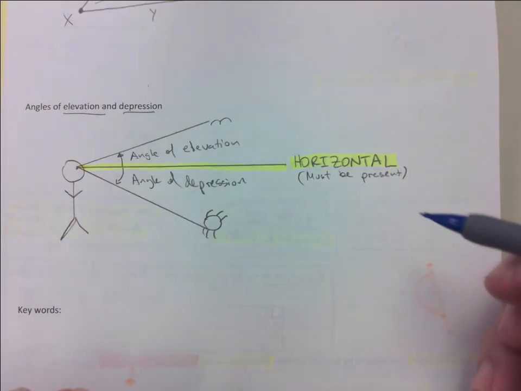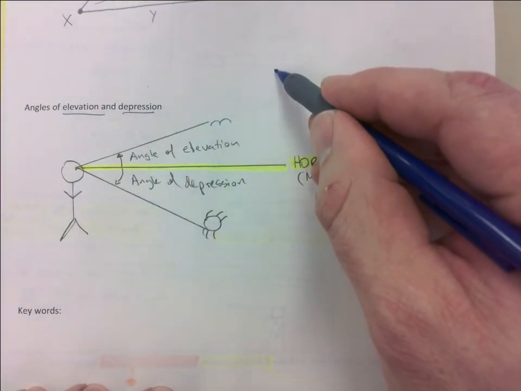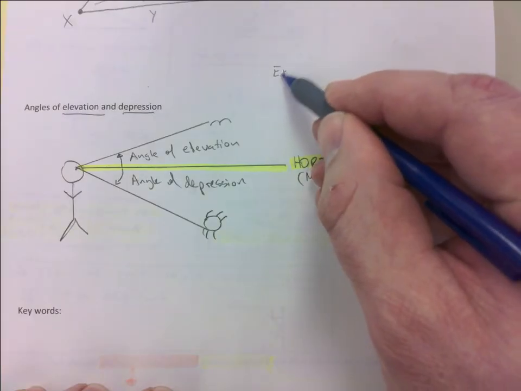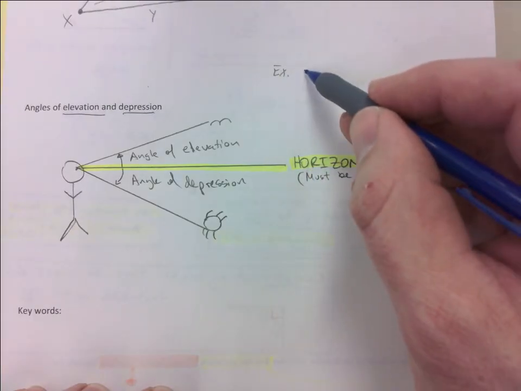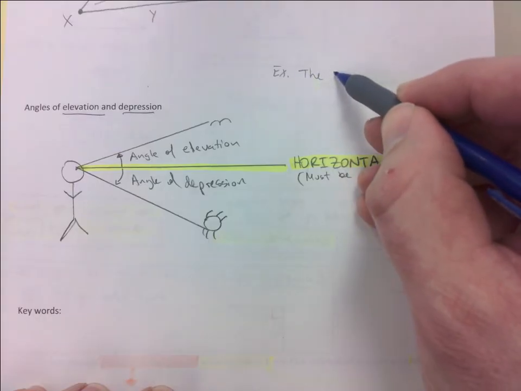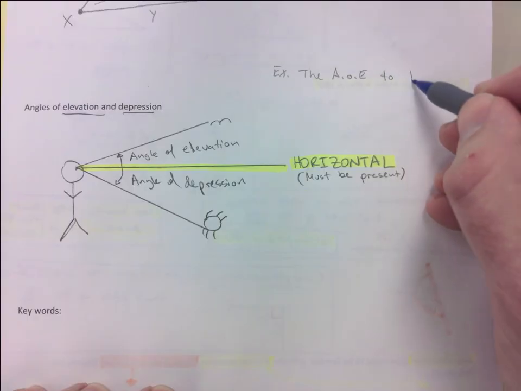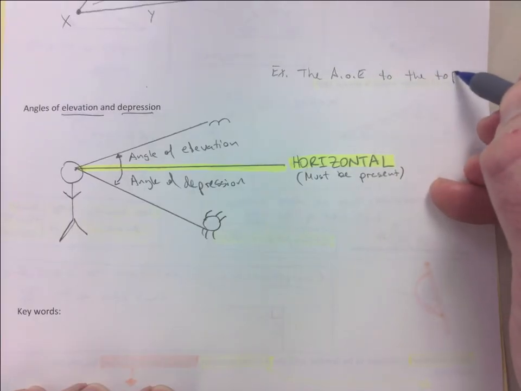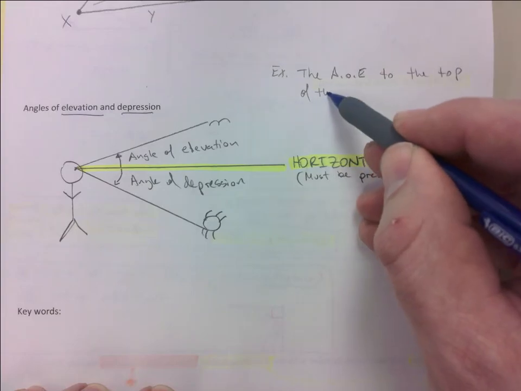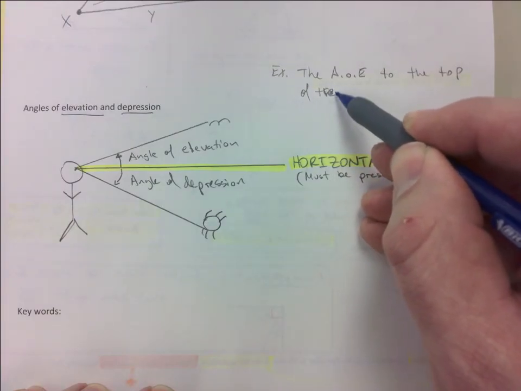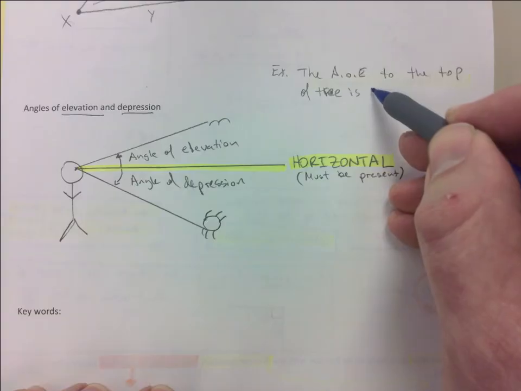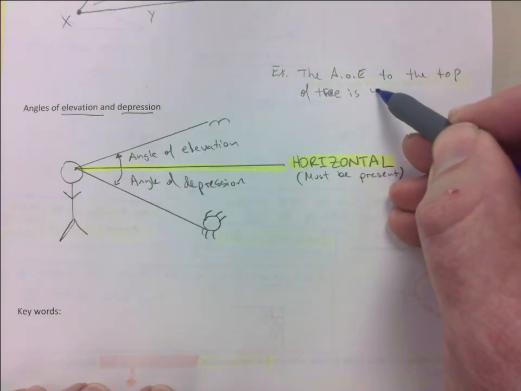So let's give you a quick example here. Example, if a question mentions the angle of elevation to the top of the tree is, let's say, 40 degrees.